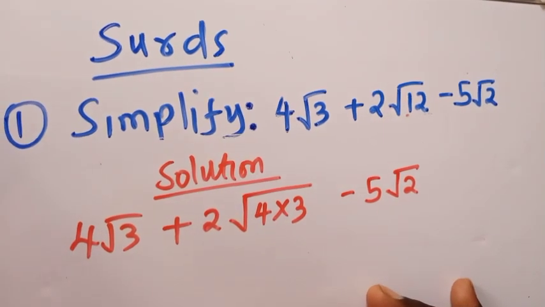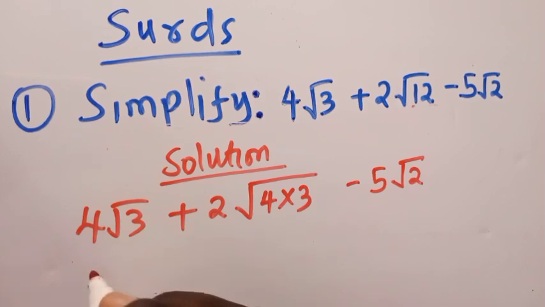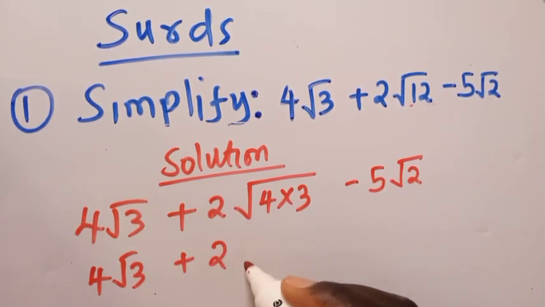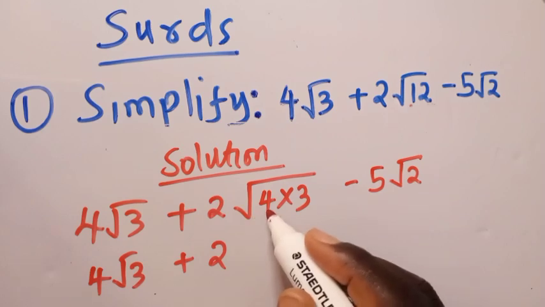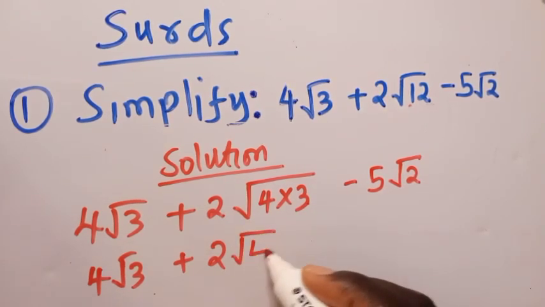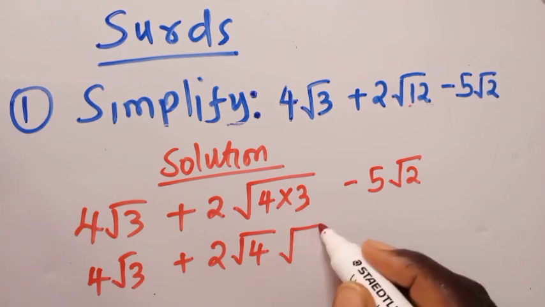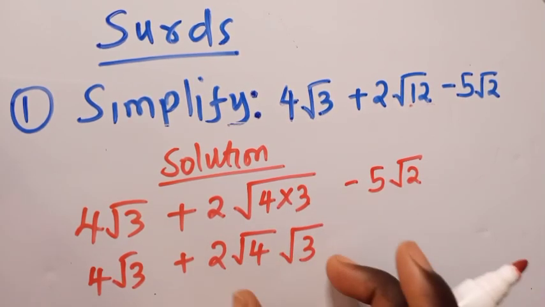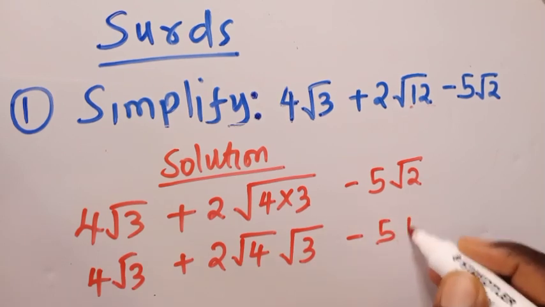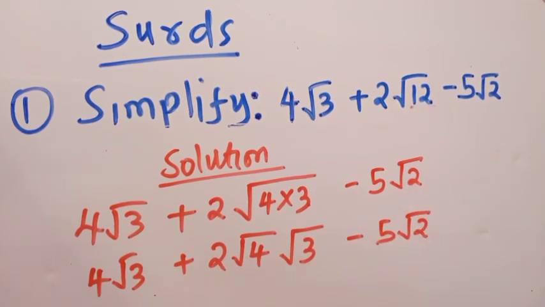Now, in this case, we shall have 4 root 3 plus 2 times root of 4 times 3, which can be written as the square root of 4 times the square root of 3. That is, we write them separately. Then minus 5 root 2.